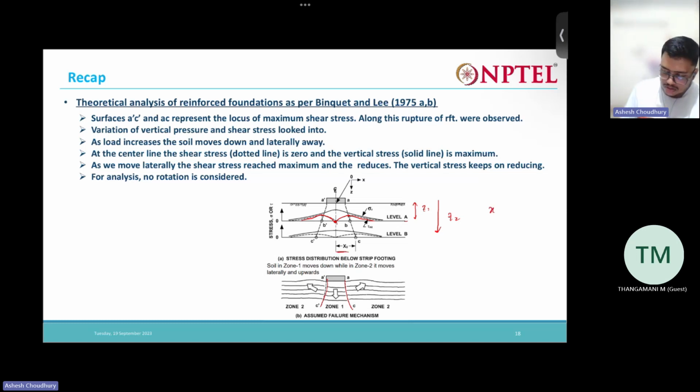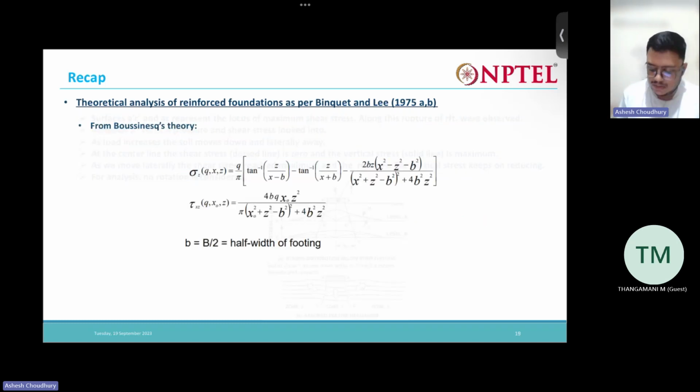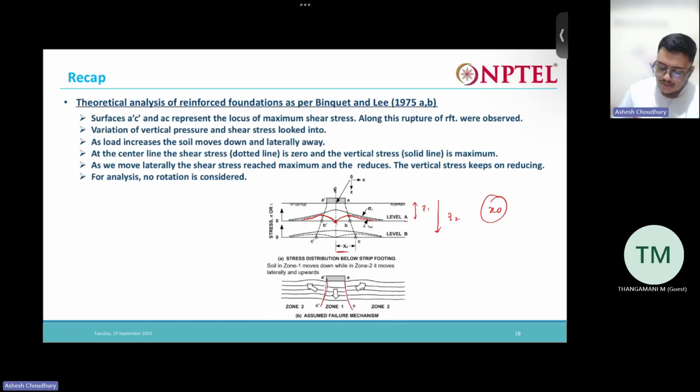Okay, what is x naught? X naught is the point at any level depth. I'm describing this at any level. At any depth z, x naught is the horizontal distance from the center line where the shear stress is maximum.